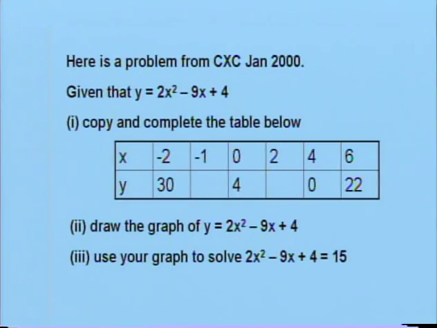Now, you are required to find two values. Then the second part of the question, you are asked to draw the graph of y equals 2x squared minus 9x plus 4. And then in the third part, you are asked to use your graph to solve the equation 2x squared minus 9x plus 4 is equal to 15.